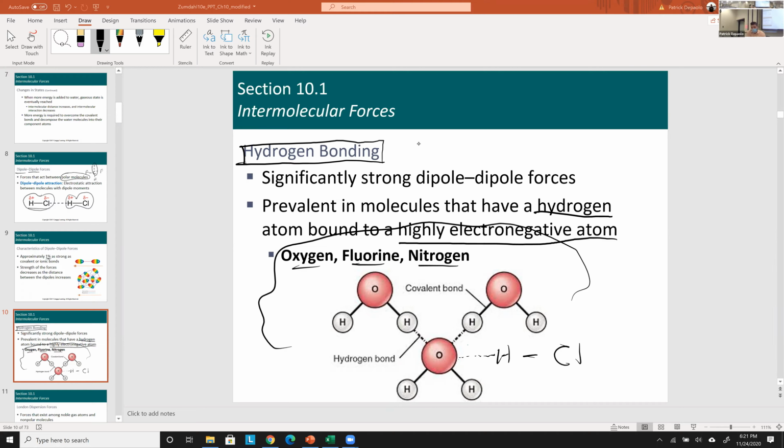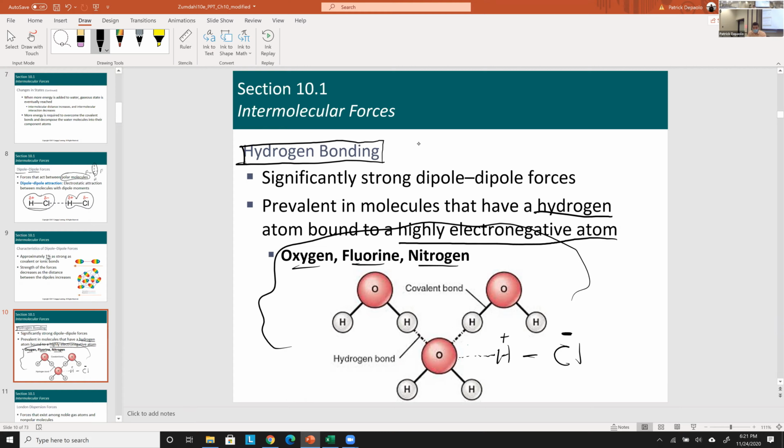So HCl and water will not form a hydrogen bond because HCl is not polar enough, meaning it doesn't have one of these three atoms, oxygen, fluorine, and nitrogen, bound to the hydrogen. So this net dipole, obviously the Cl would be negative and the hydrogen would be positive, but it won't be as polarized.